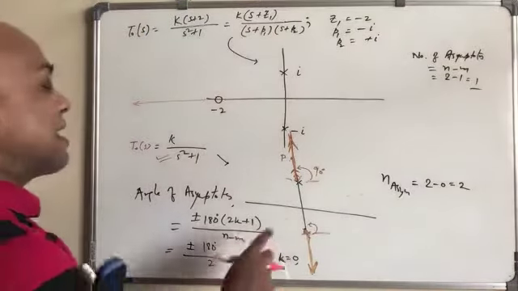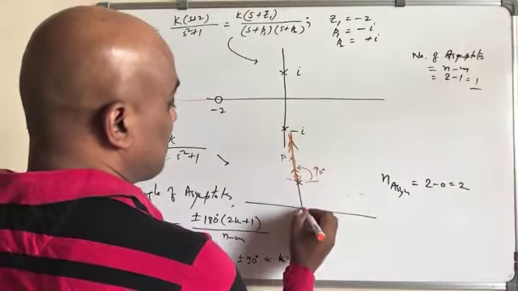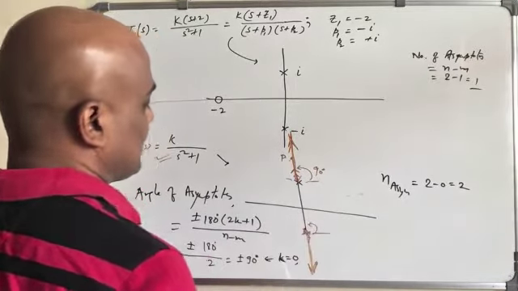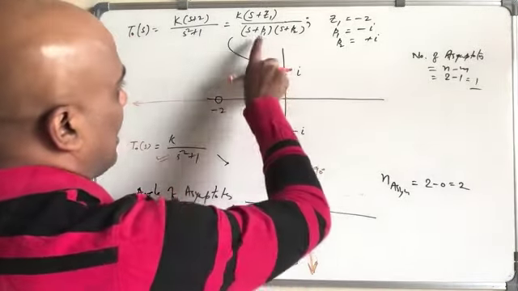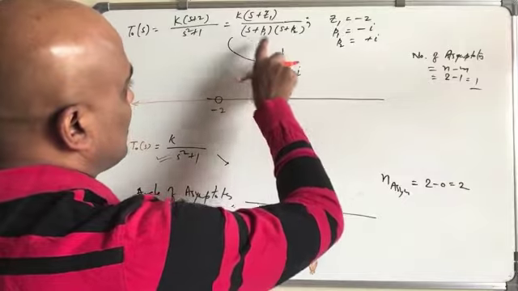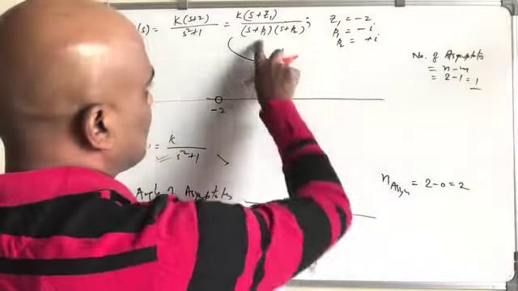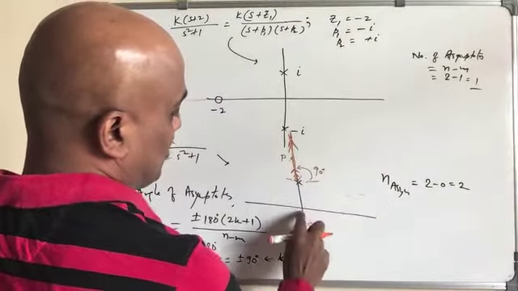There is another way to find out where these asymptotes meet the real axis. We can find out using the real part.